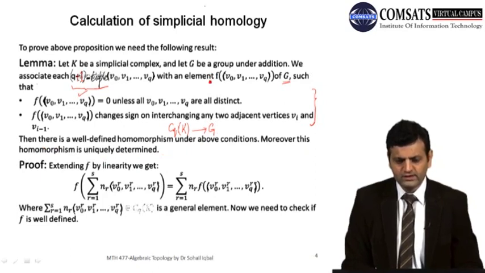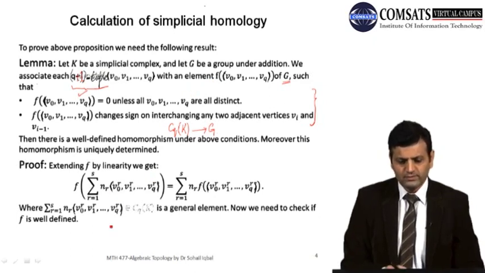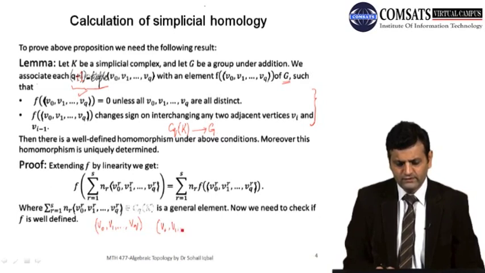Now we have a way of associating a Q plus 1 tuple with an element of G. We can extend this to a linear map, basically to an integer combination of Q plus 1 tuples. For example, if we have tuples, the first one is V0, V1 up to VQ. To differentiate between two tuples we use a superscript, so if I write these ones and these twos, then these are different Q plus 1 tuples.